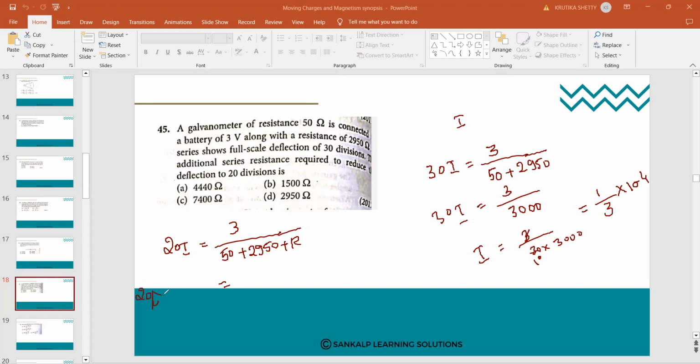Therefore it is 20 into I value, which is 1/3 into 10 to the power of minus 4, equal to 3 divided by 3000 plus R. So simplify for R, you will get the additional resistance you need to give so that the deflection changes from 30 to 20.